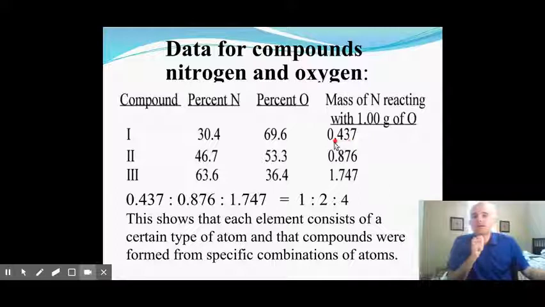That's not a whole number, but if we compare all 3 samples and put them in ratios right here, they're all actually in whole number ratios. This number times 2, a whole number, is this number. This number times 2 is this number. Very nice.